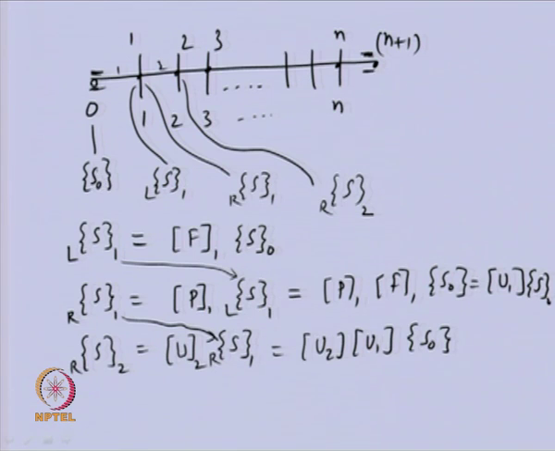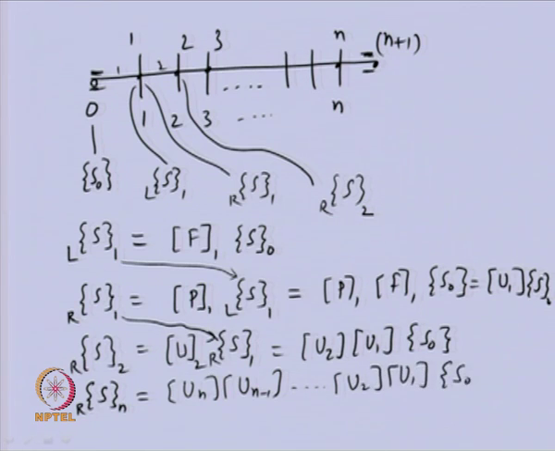So, on the same line we can relate the state vector right of disk n as U n minus 1, like this, U2 U1 S naught.